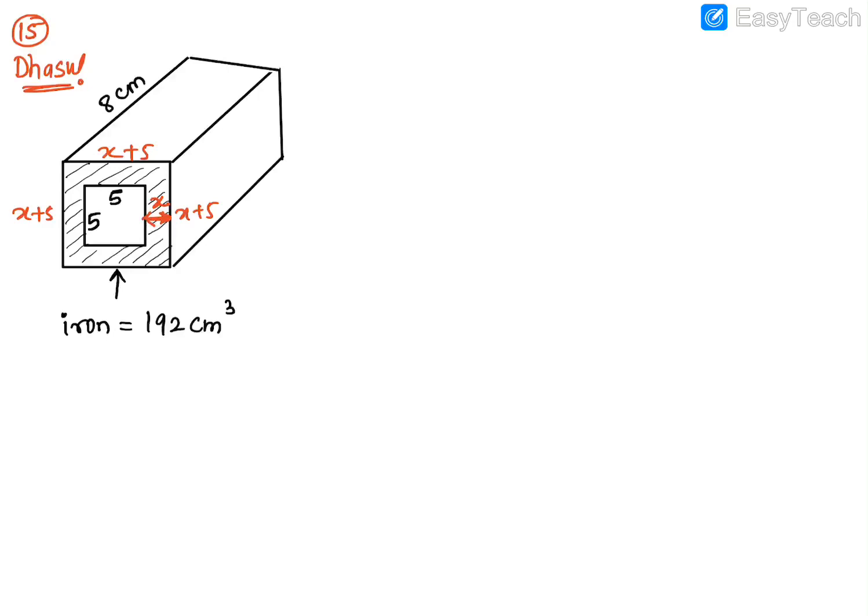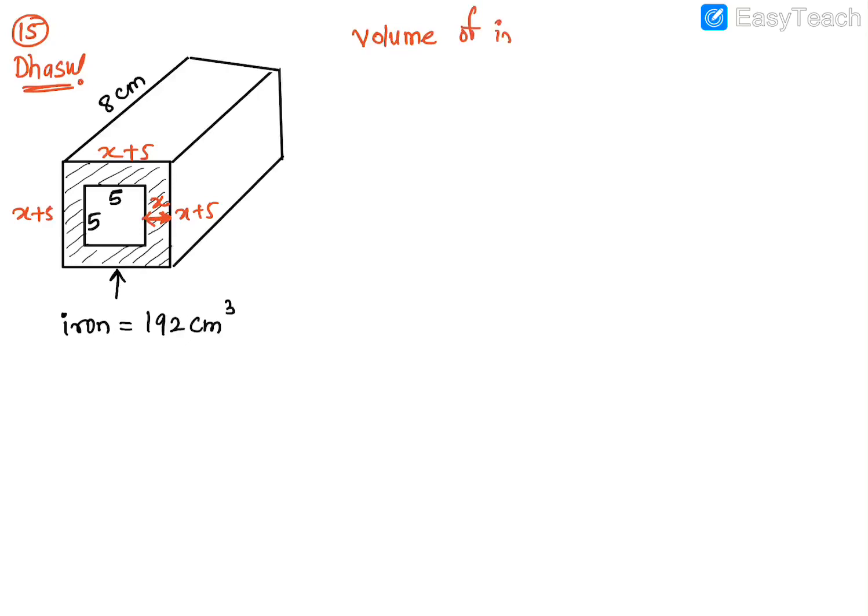Now, how will you find out the volume of iron? So I'll tell you in a simpler, shorter way. One method is you first find the volume of the outer cuboid minus the internal volume, and then you will get it. But I'll tell you one direct way how you can solve this. So you can add up this in your formula list.